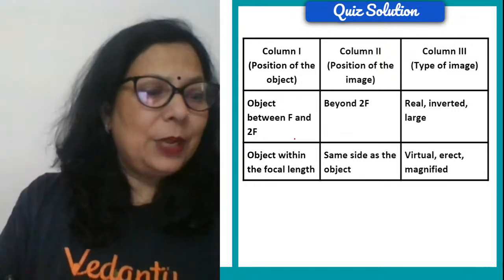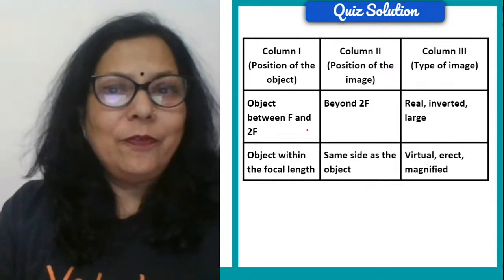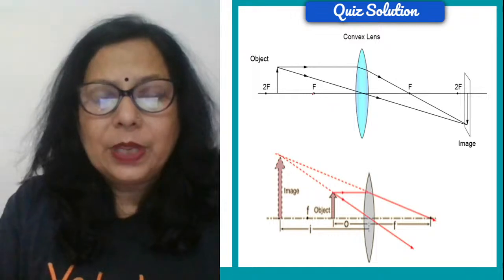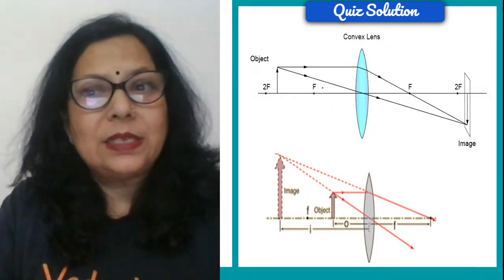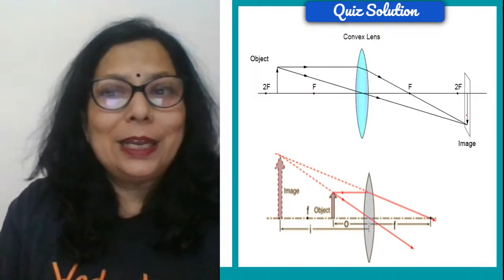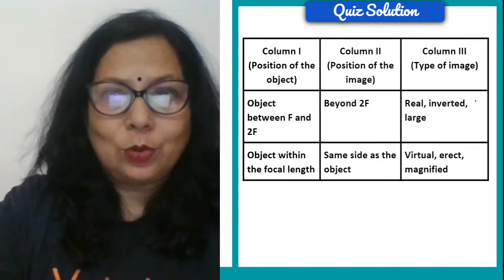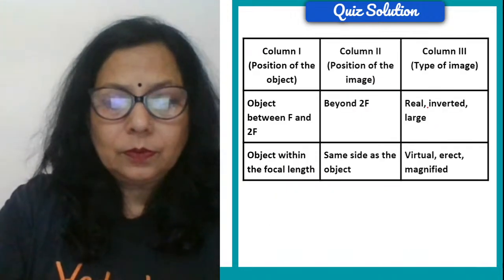All cases are here. Please do the cases, those who are in grade 8. Between F and 2F, the image is beyond 2F. जितना ऑब्जेक्ट आप पास जाते जा रहे हो, इमेज दूर होती जा रही है, और जब वो दूर होती जा रही है तो बड़ी होती जा रही है, मैग्निफाइड होती जा रही है. So it is real, inverted, and large.